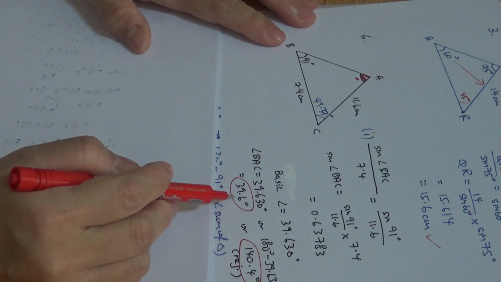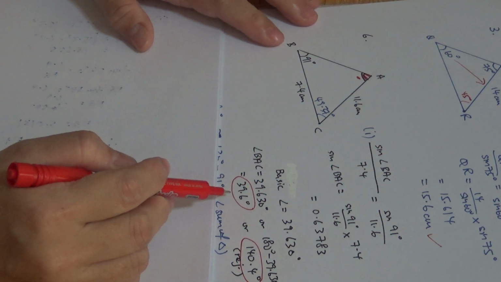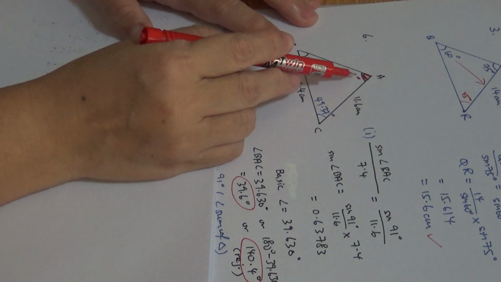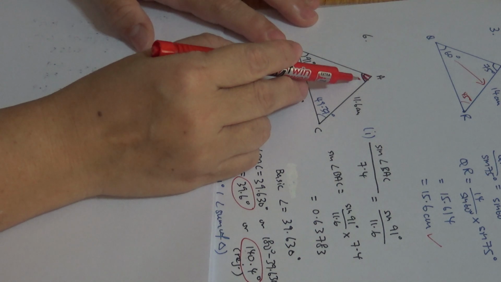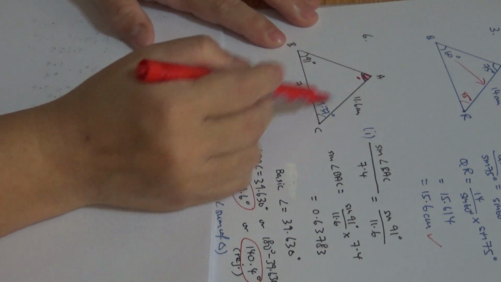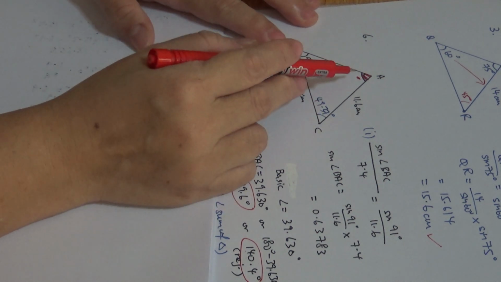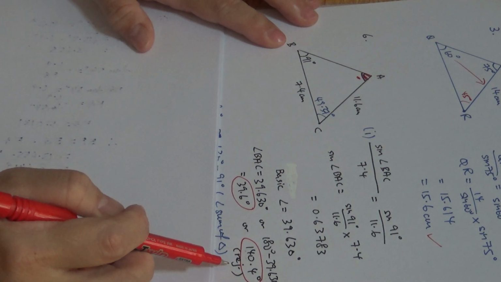Now, there is another way to check which one is rejected. If this angle is 140.4, can you see that 140.4 plus 91 already exceeded 180 degrees? The angle sum of a triangle is 180 degrees. So this cannot be accepted as well. That's why it's being rejected.